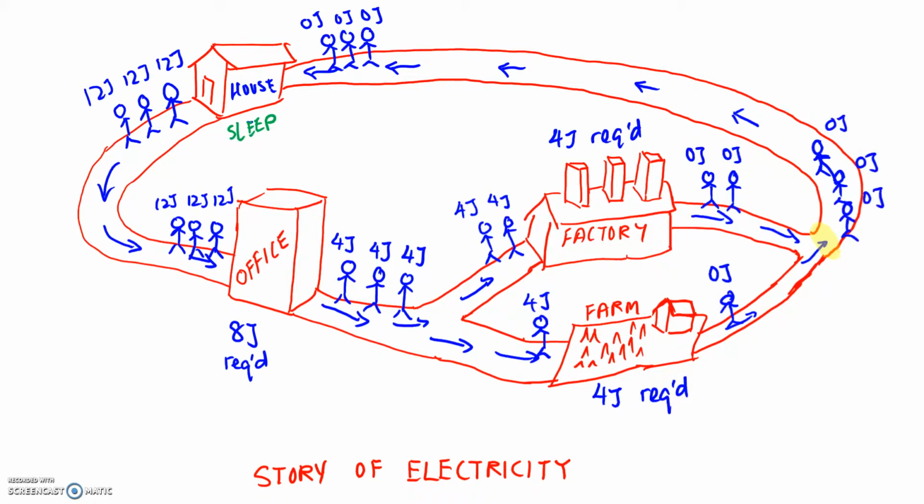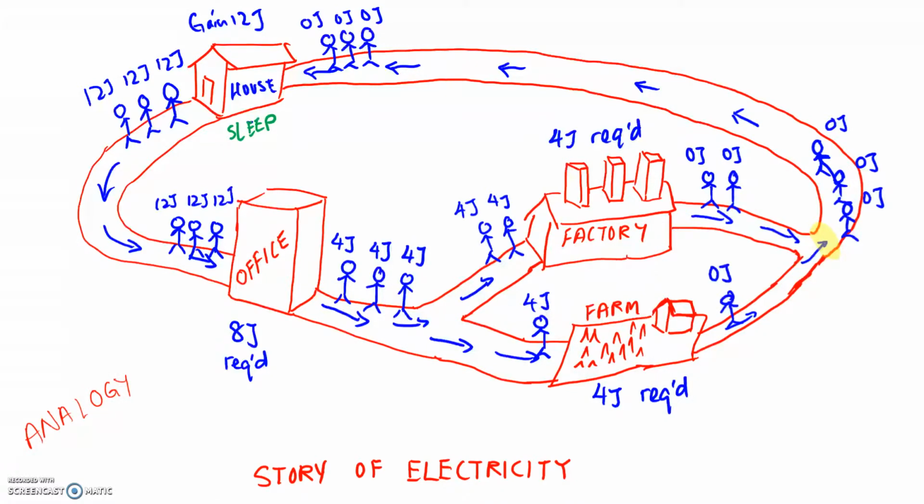And they will go home, they recharge, and then they will actually gain 12 joules over here. Now, so this is the whole story, right? It seems weird, but this is basically just an analogy. Okay, this is just an analogy for us to understand electricity.